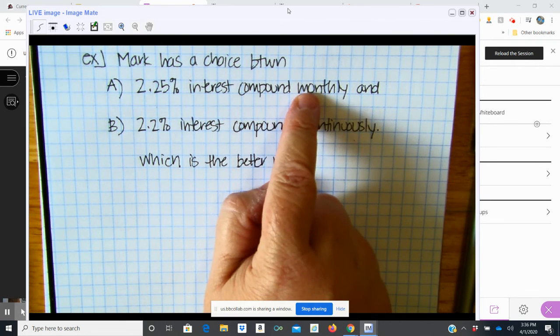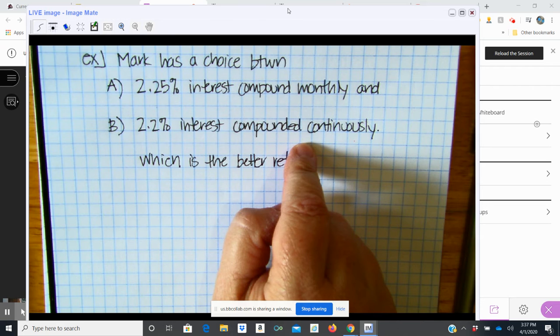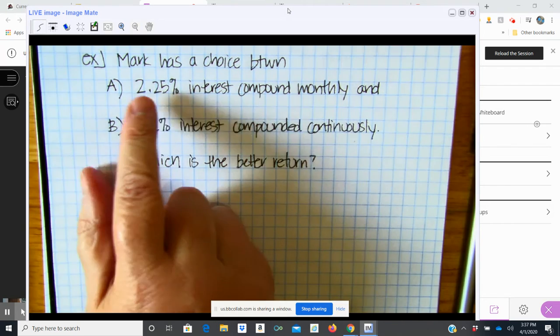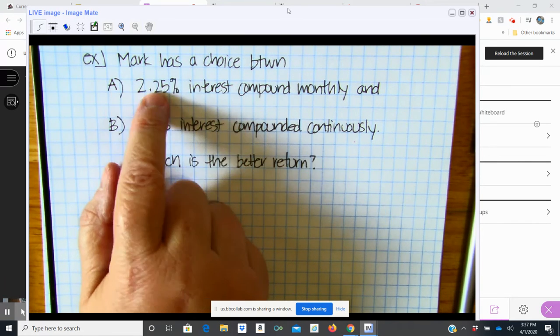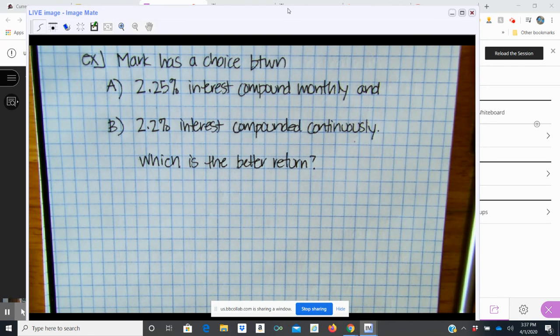So while this one is only going to be compounded 12 times in a year, this 2.2% interest is going to be compounded continuously, all of the time. So what I don't know is, does that little bit extra here in the 0.05 outweigh the continuous compounding? And so we go to the formulas to check.